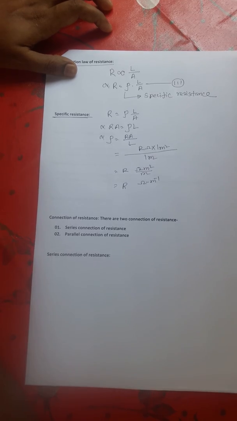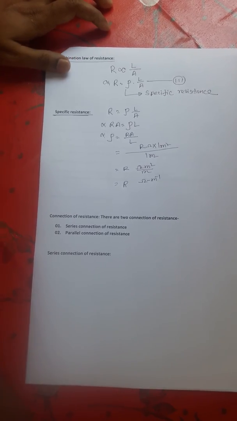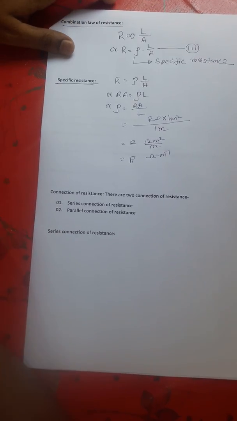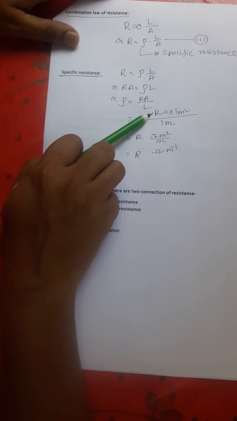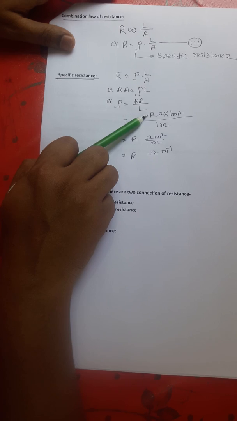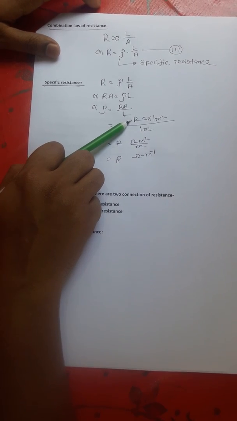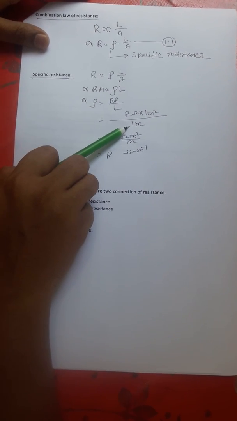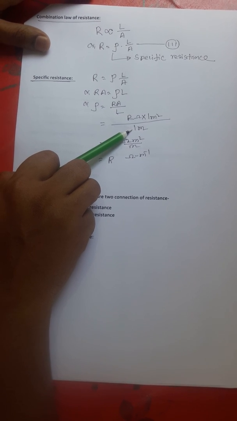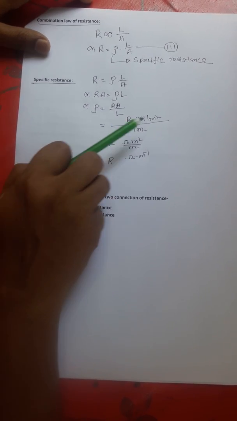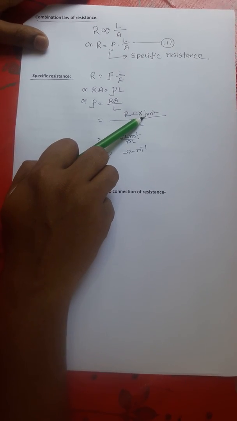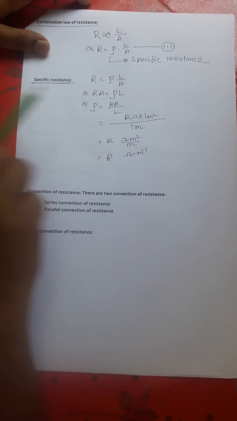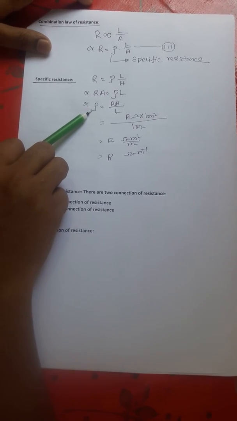Ohm meter. So in the definition segment, I can say that the resistance of a conductor or material having length 1 meter and area of cross section 1 meter square is called specific resistance.